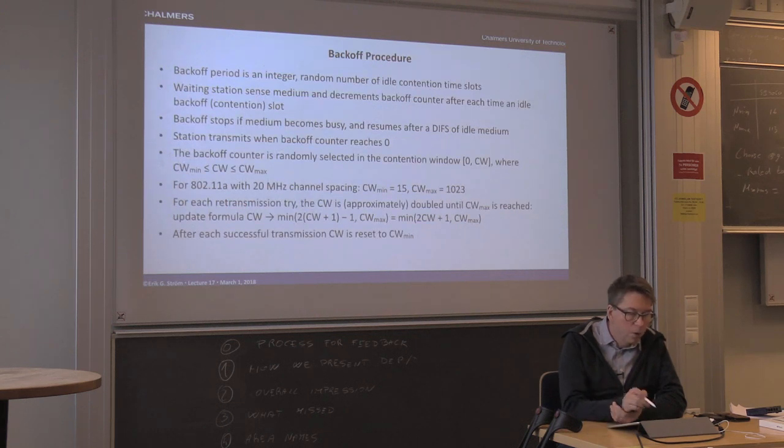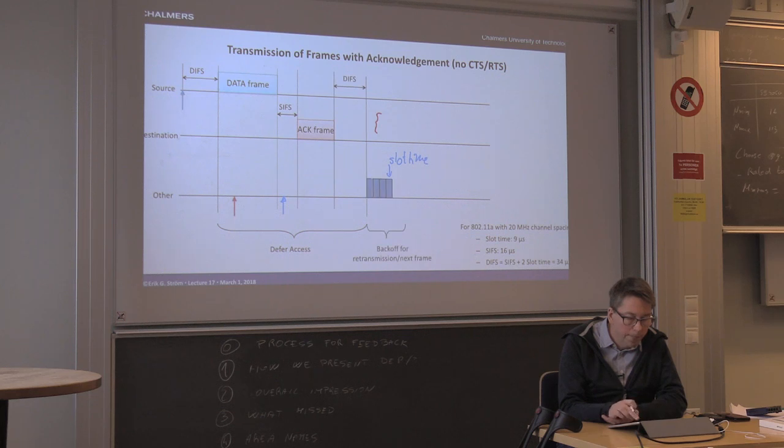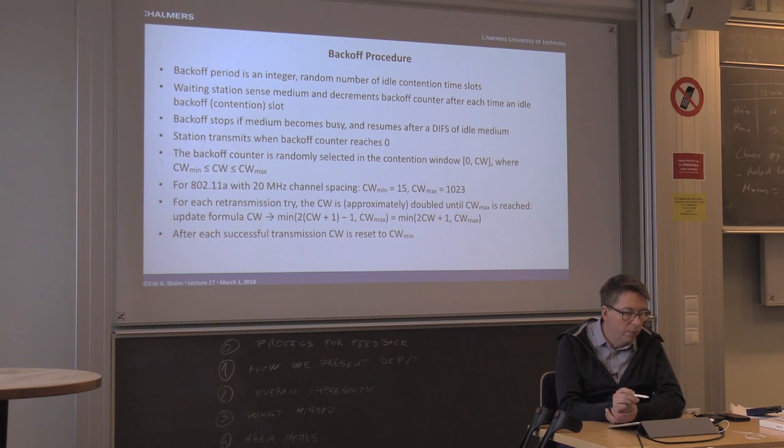Okay, so back-off procedure. How is this done? The back-off period is the time we wait. The back-off time is an integer random number of idle contention time slots. So what do we mean by that?